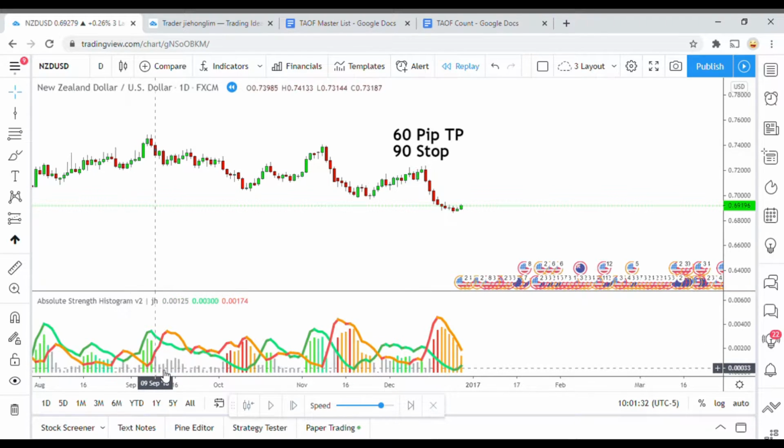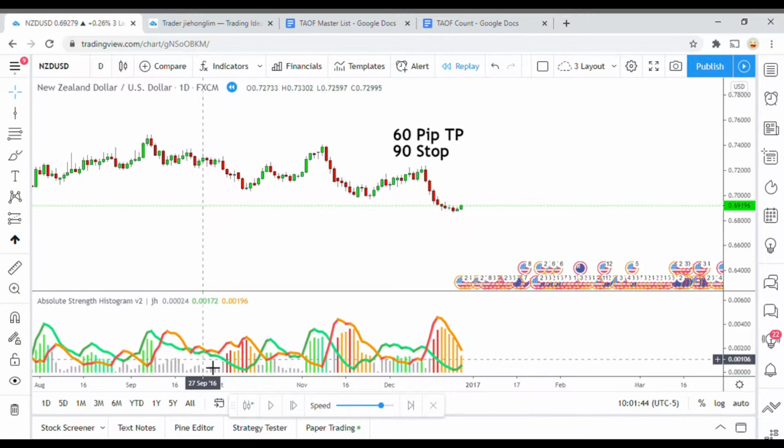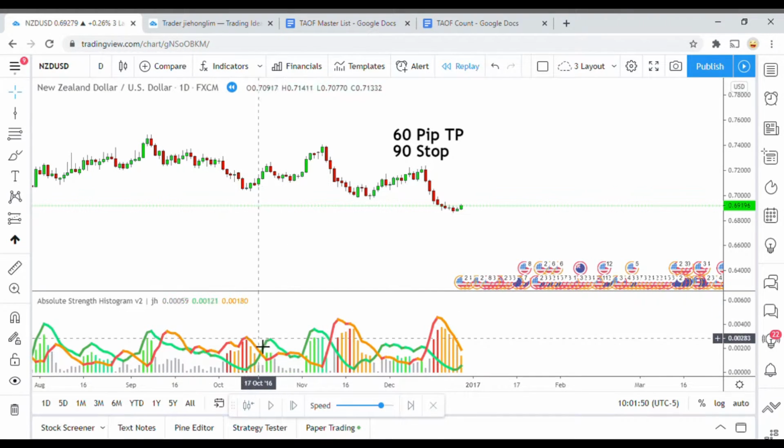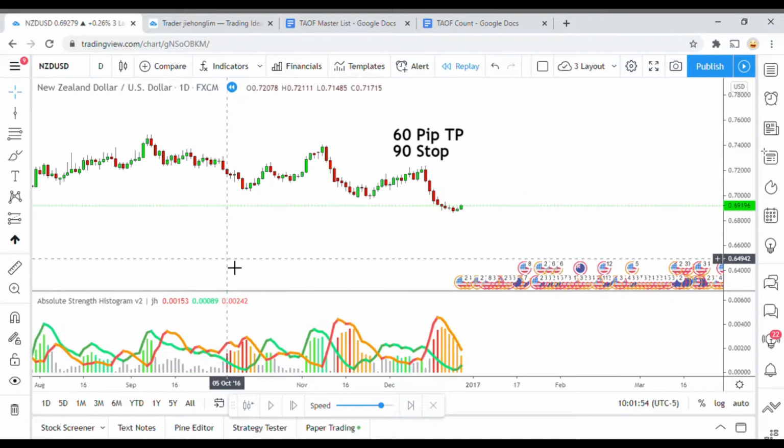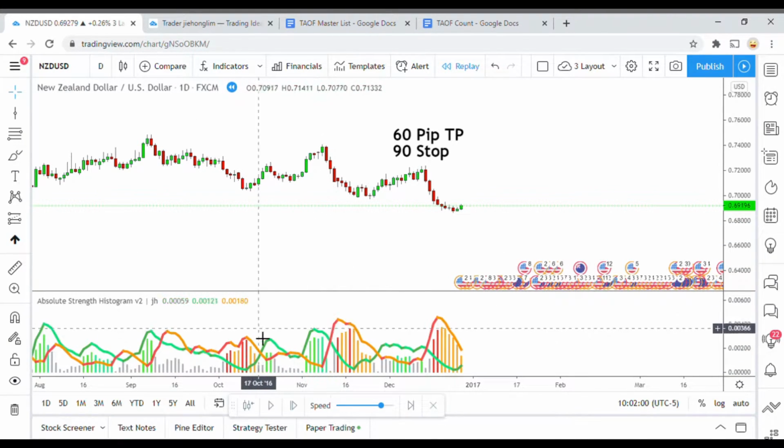It appears that the histogram itself is a confirmation of what the oscillating lines are doing. I believe the oscillating lines are giving us kind of a general trend direction, and then the histogram is actually giving us the signal of strength to enter either long or short.